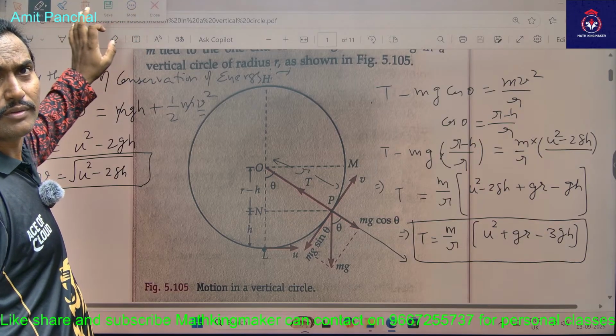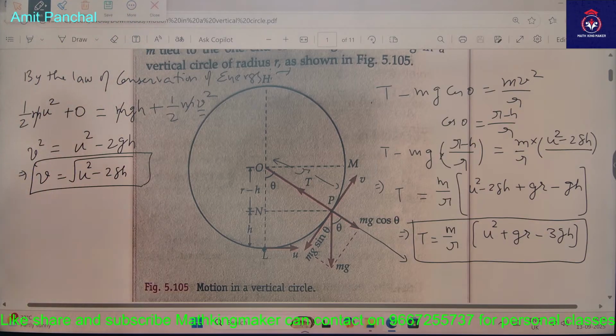Should I remove it? No, sir. If some of your friends from mathematics want to learn something, then you can refer me.